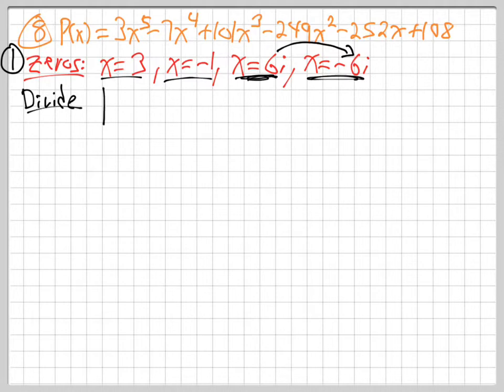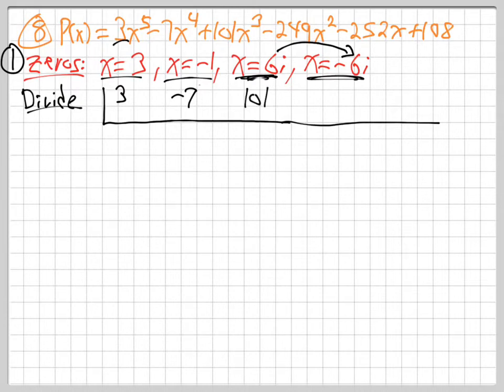So here we go. Let's start with, we're going to take these coefficients. 3, -7, 101, -249. In fact, I probably better space these out. We're going to need a little bit of space here. So, 3, and then I'm going to go way over here, -7, then way over here, 101.